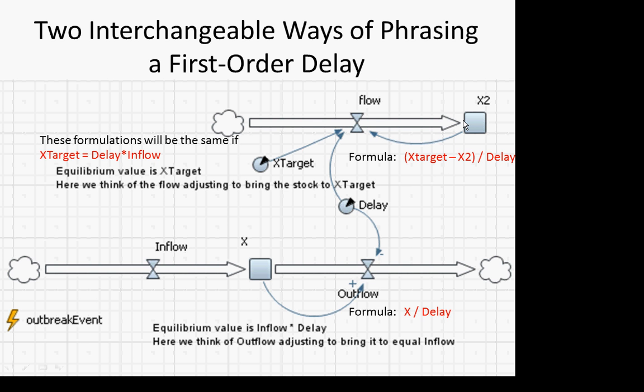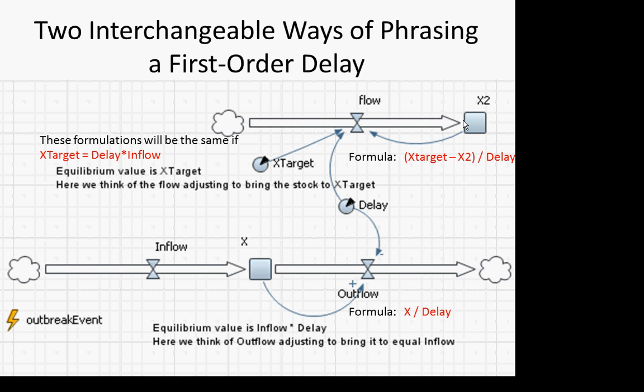And that's going to bring it closer to the target, to its equilibrium value. On the other hand, if x2 is too large, if it's above X target, this thing in the numerator is going to be negative, and so the net flow is going to be out, and so it's going to bring x2 down, right?